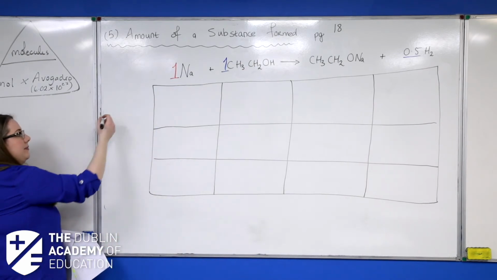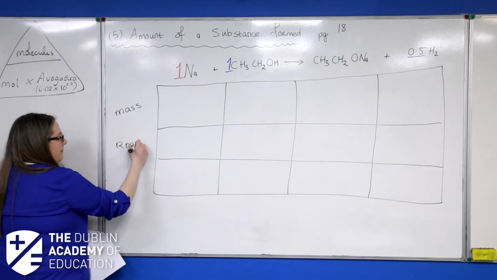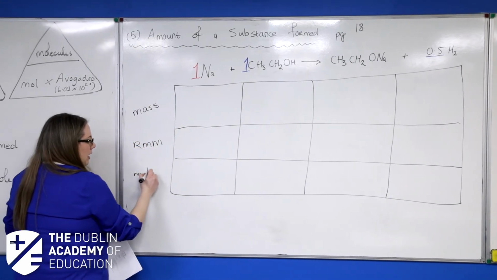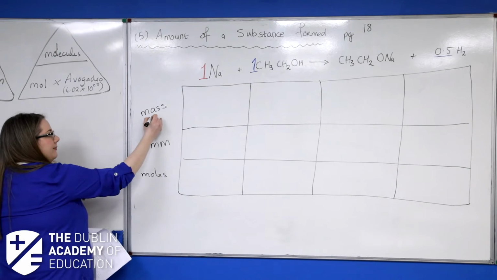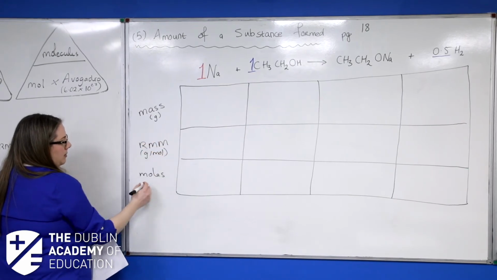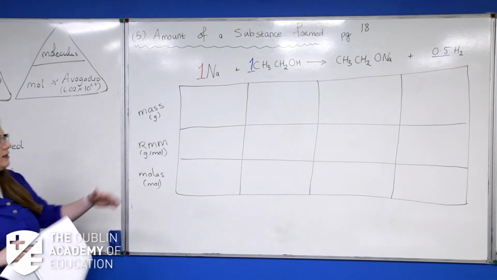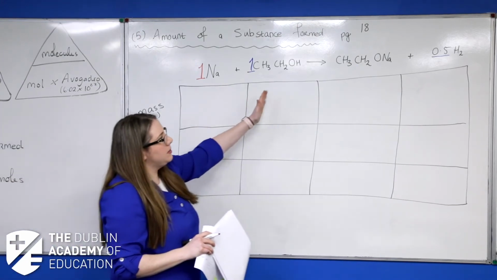Now, for moles, we need our mass, we need the RMM, and we need moles. So we've got grams per mole, and the units for moles is just mole. Okay, and we're going to fill in what we know for each of these substances into the table.